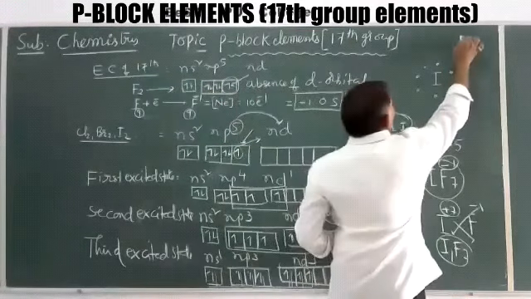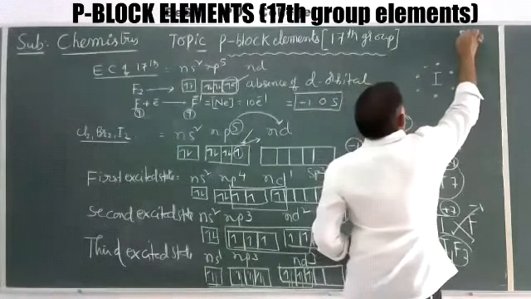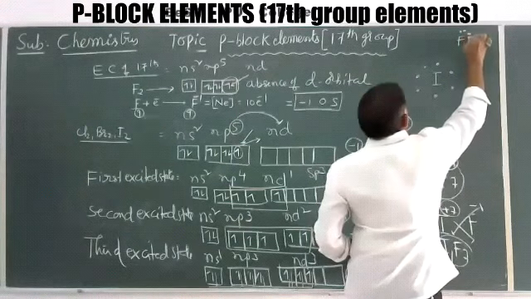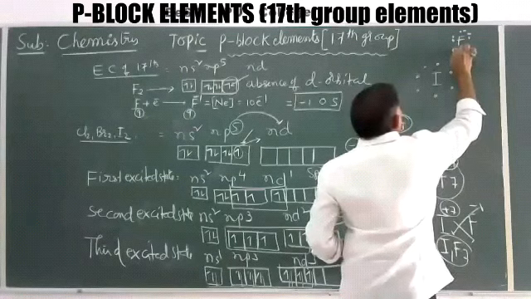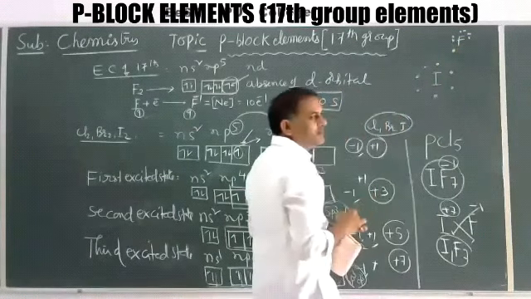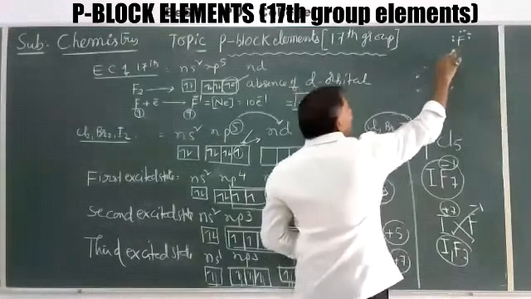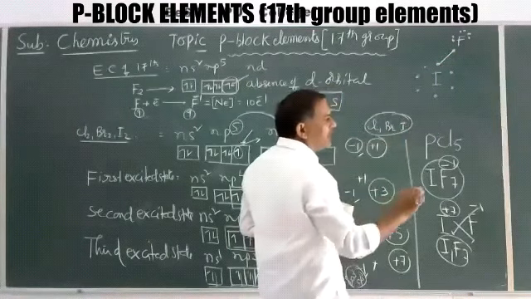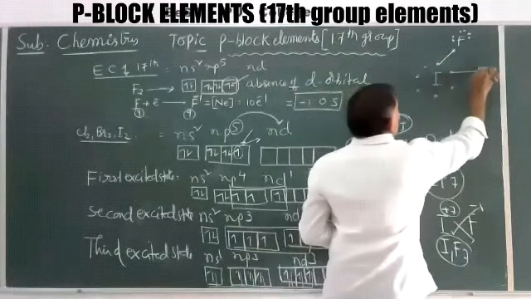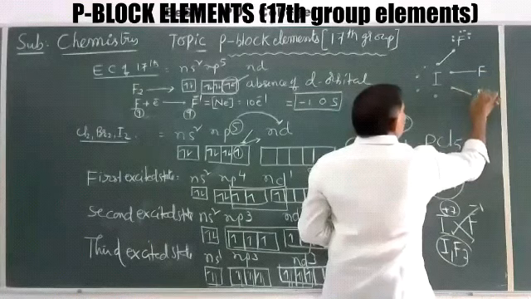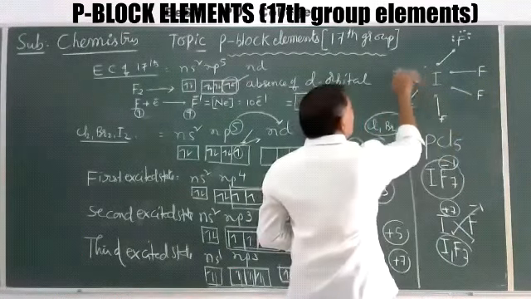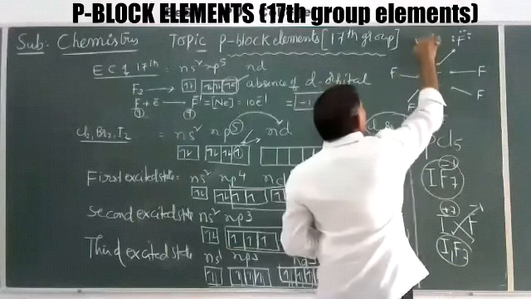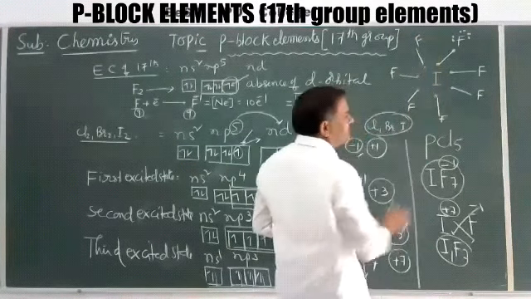But here fluorine contains 7 valence electrons, out of which 3 are pairs and 1 is unpaired. Now this is bonded with iodine. Similarly, this is fluorine, this is fluorine, fluorine, fluorine, and this is fluorine.